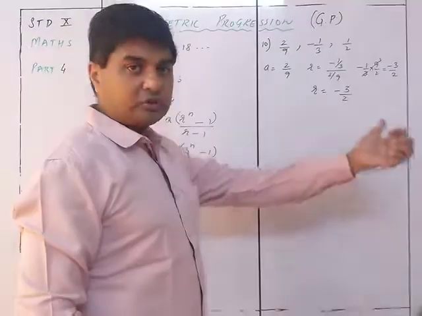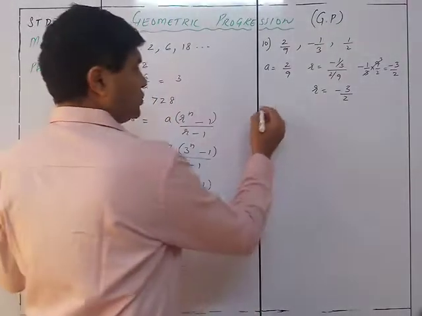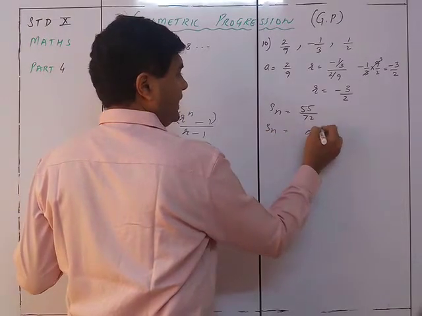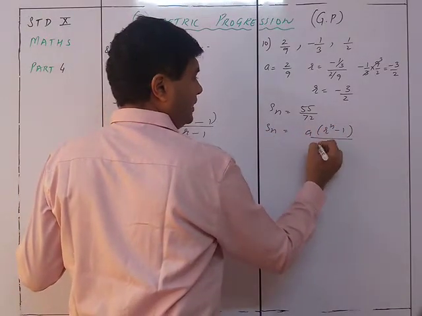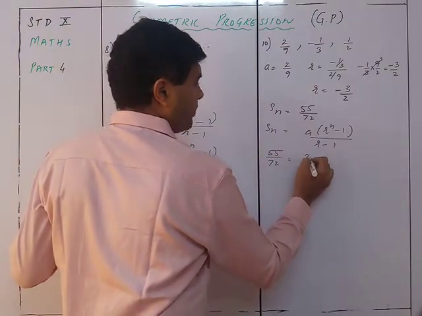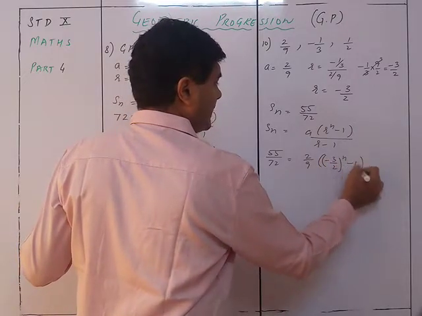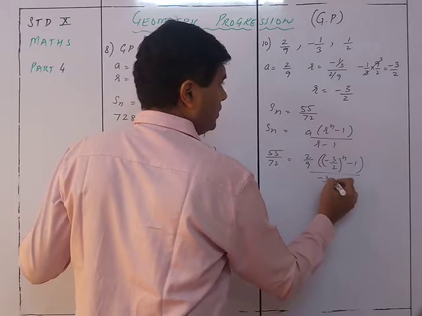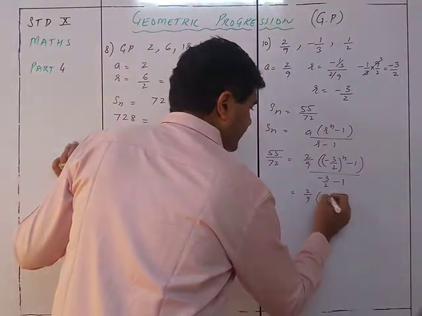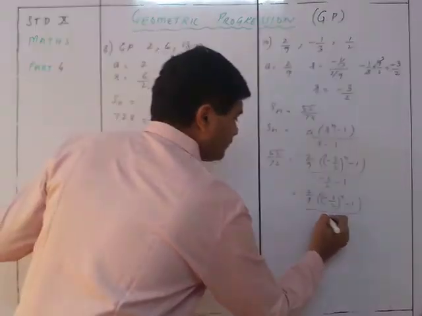So r is 1.5 in magnitude, so it is greater than 1. And the sum they have given us is 55 upon 72. So Sn is equal to 55 upon 72. So Sn is equal to a (r raised to n minus 1) upon (r minus 1). So 55 upon 72 is equal to 2 upon 9 into ((minus 3 upon 2) raised to n minus 1) upon (minus 3 upon 2 minus 1), which is minus 5 upon 2.